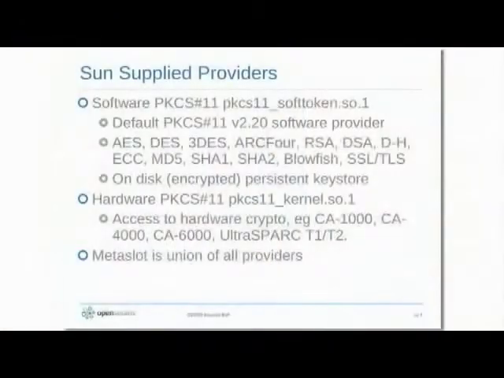We also give you an on-disk encrypted persistent key store and access to hardware crypto as well. For example, the UltraSPARC T2 comes with a cryptographic chip, and you get access to that even from userland. So, for example, SSH takes advantage of this hardware accelerated crypto for doing large data transfers and things of that sort.